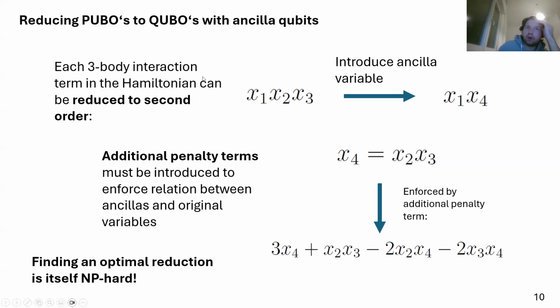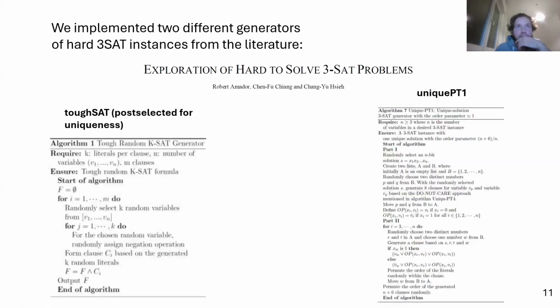So, okay, now we have our PUBO and we can write it as a QUBO and compare the two formulations. To generate the hard 3-SAT problems that we want to discuss, we took from the literature two different generators to generate classical instances.